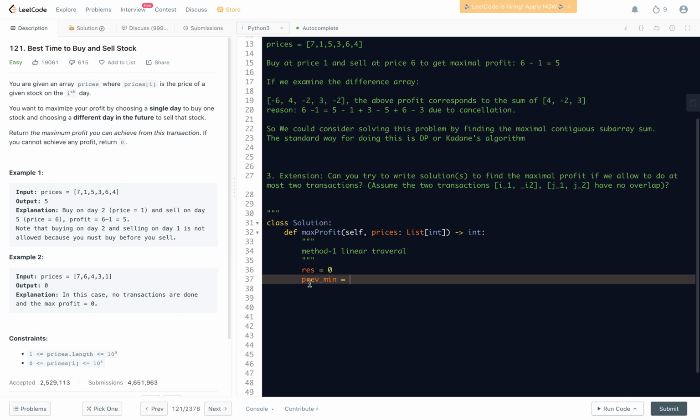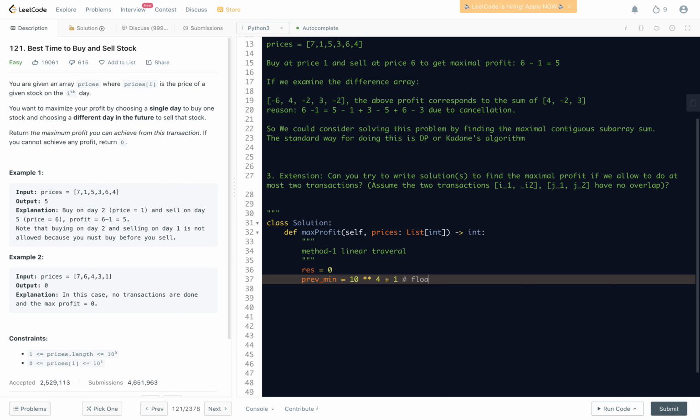Because we want to find the minimal previous price and sell on a certain day, we want this previous min to be as small as possible. So at the very beginning we want to set a large number. We can set it to be 10 to the power 5 plus 2, because the price is bounded above by 10 to the power 4. You can set 4 plus 1 or 2.